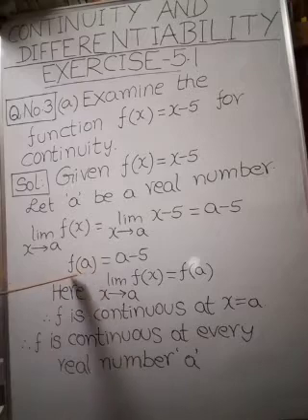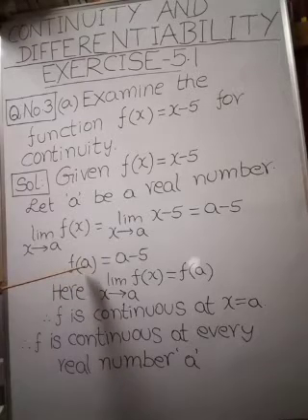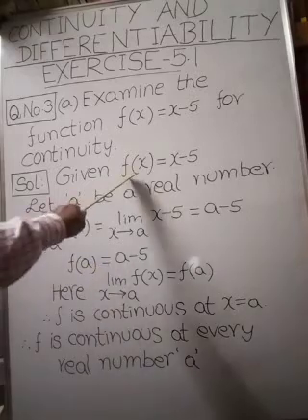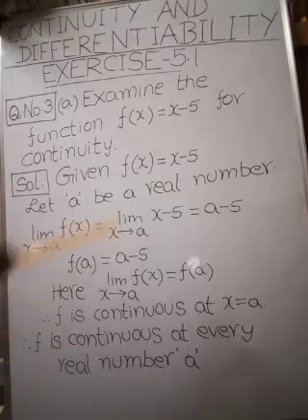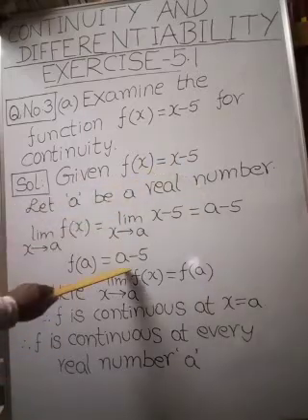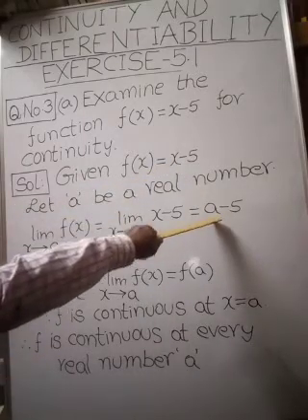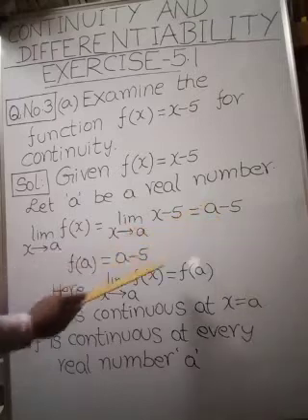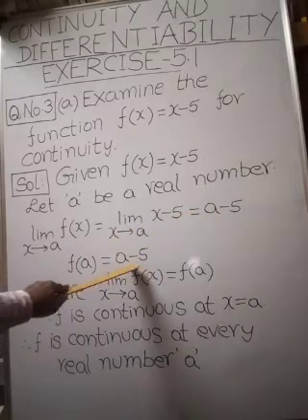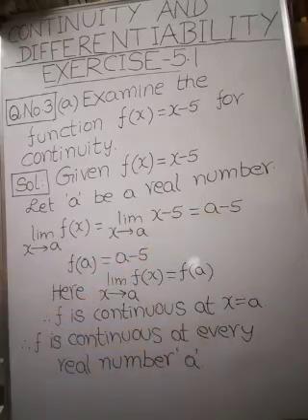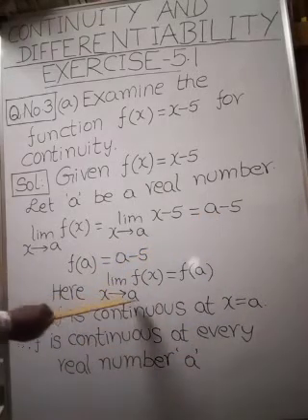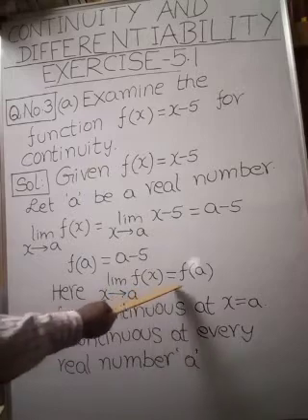This means the value of the function f at a. f of a is equal to, in this given function, just substitute x is equal to a. Then what will you get here? a minus 5. Here the limit is a minus 5, and the function value at that particular point is also a minus 5. Both are equal. Here as x tends to a, limit f of x is equal to f of a.